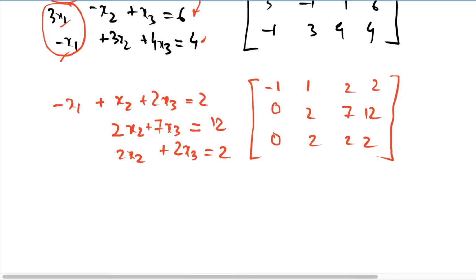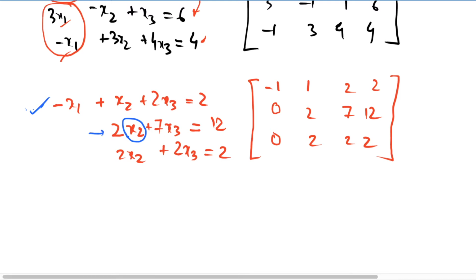Now, using the same logic, we will leave this equation untouched. We are done with the first equation. Now moving on to the second equation. The second equation becomes the pivot equation, and the first element of the pivot equation, that is in row 2 or equation 2, is x2.